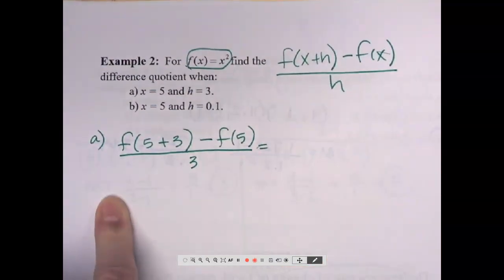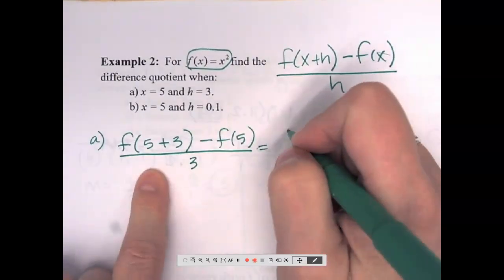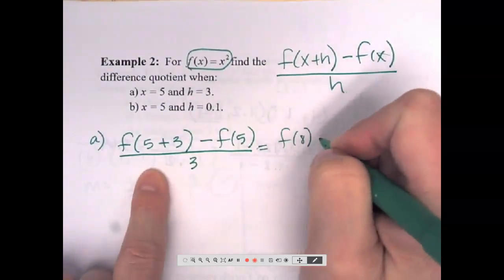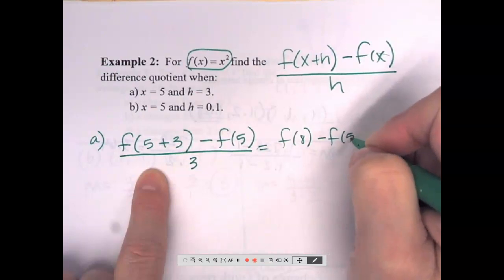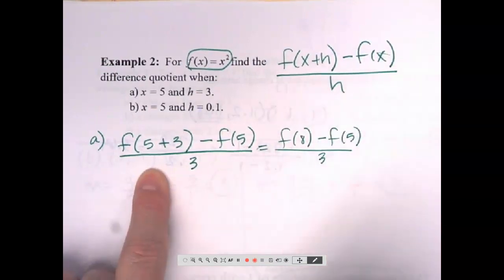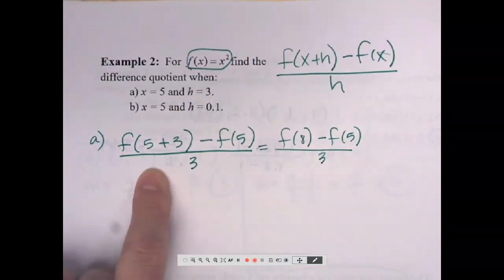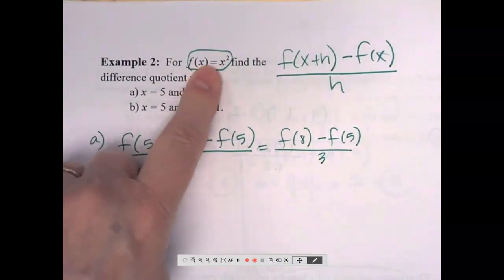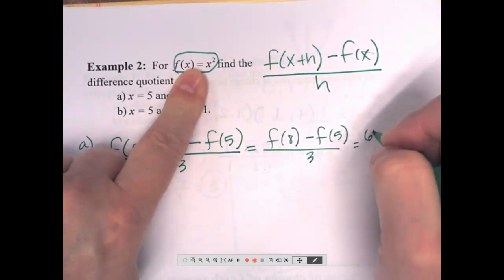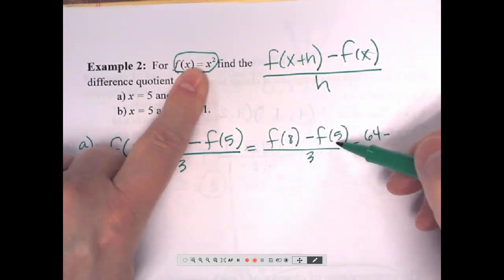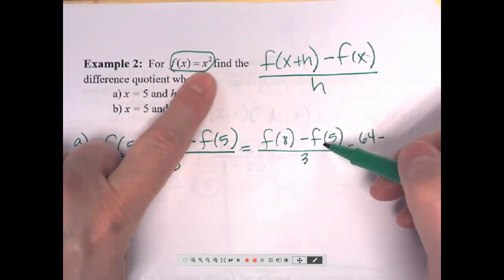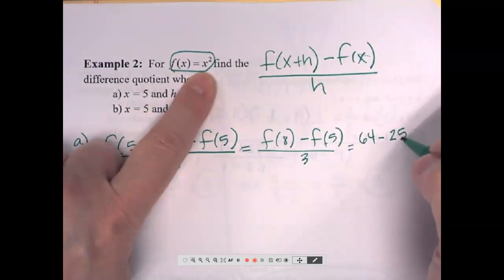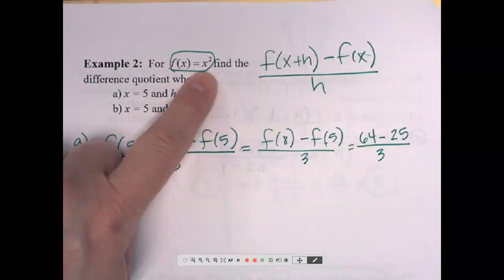Okay, so let's keep going. That means f of 8 minus f of 5 over 3. How do I find f of 8? I go to the function, sub in 8, I get 64. How do I find f of 5? Go to the function, plug in 5, I get 25, and I'm going to divide all that by 3.